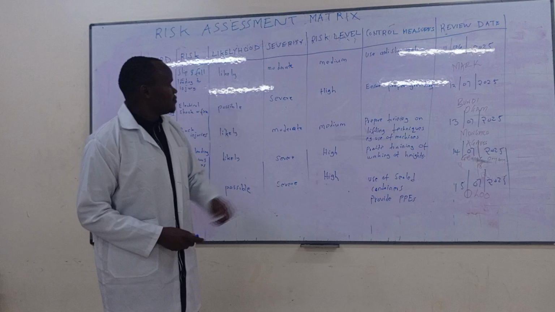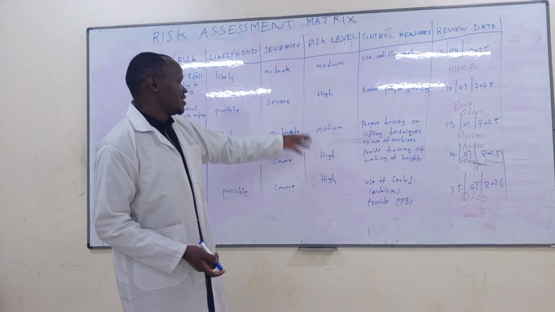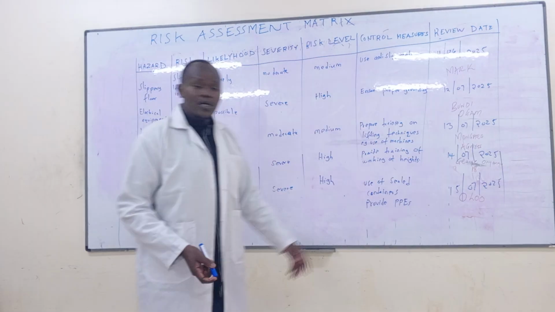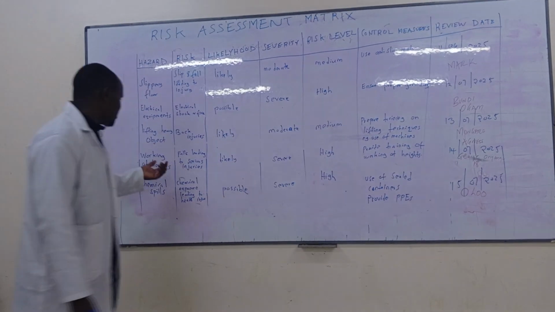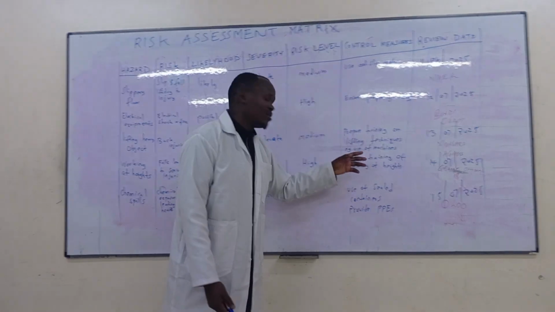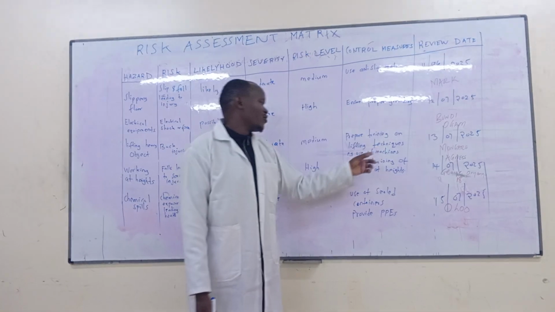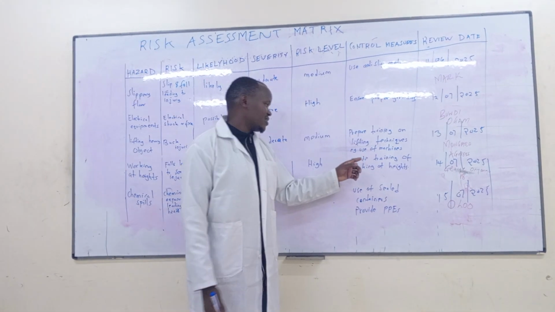Therefore the risk level depends on severity. For this matrix, maybe it is high. Then how are we going to prevent back injuries?